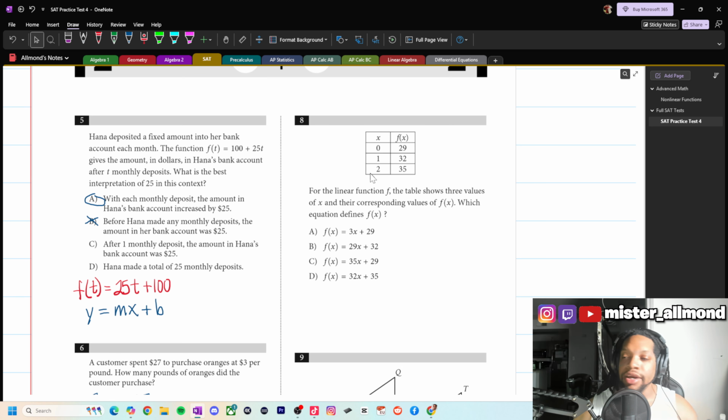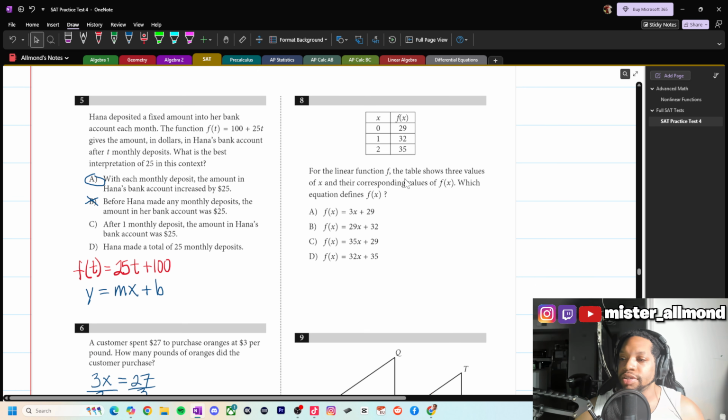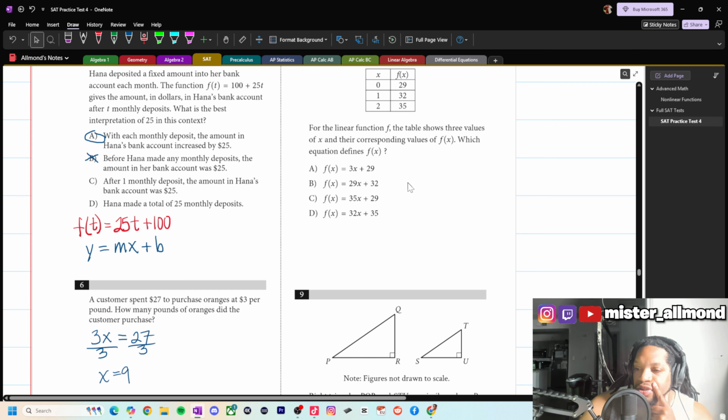For the linear function f, the table below shows 3 values of x and their corresponding values of y. Which equation defines f of x? All right, so I'm noticing that x goes up by 1. And then I would need to look at how much the y's go up by. And if I notice it goes from 29 to 32, that's up 3.